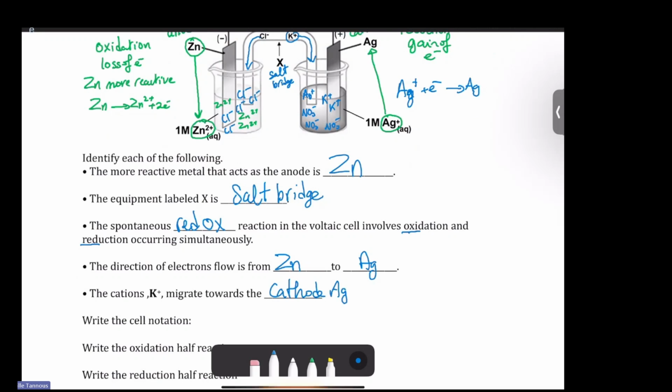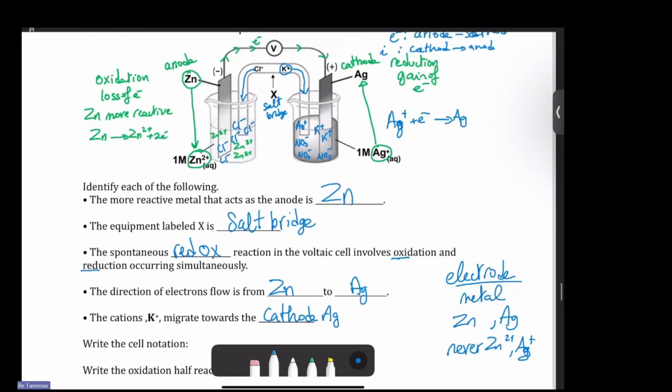Be careful: when you are talking about electrodes, it's always a metal. So zinc and Ag, never Zn2+ and Ag+. You can never mention the ion if you're talking about electrodes. Now the cell notation.